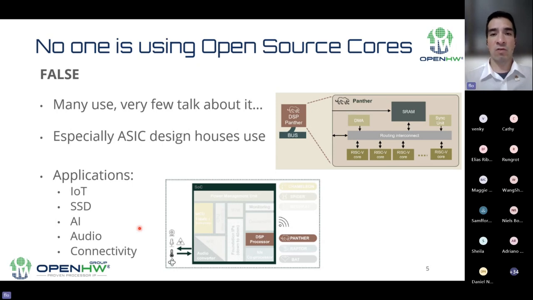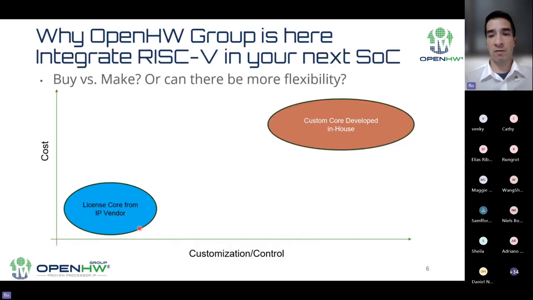Now, the question is, how can you use RISC-V? What are your options? Basically, you had two options. The first option is to license a RISC-V IP core from an established vendor, someone like Andes Technology, SiFive, Codasip, Syntacore, Cloudbear, Alibaba T-Head.